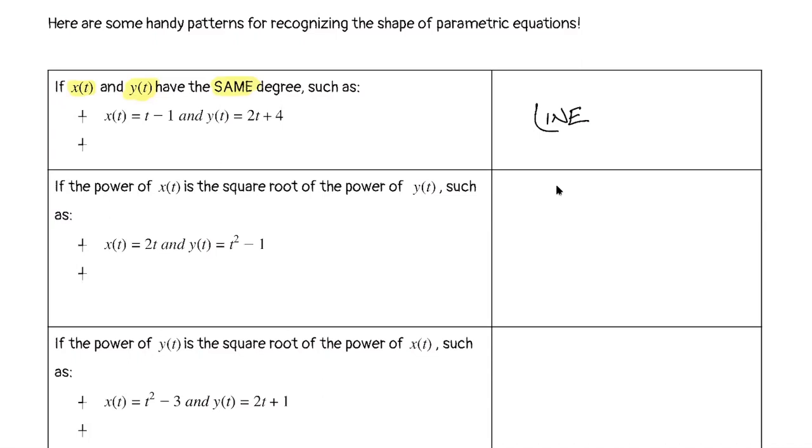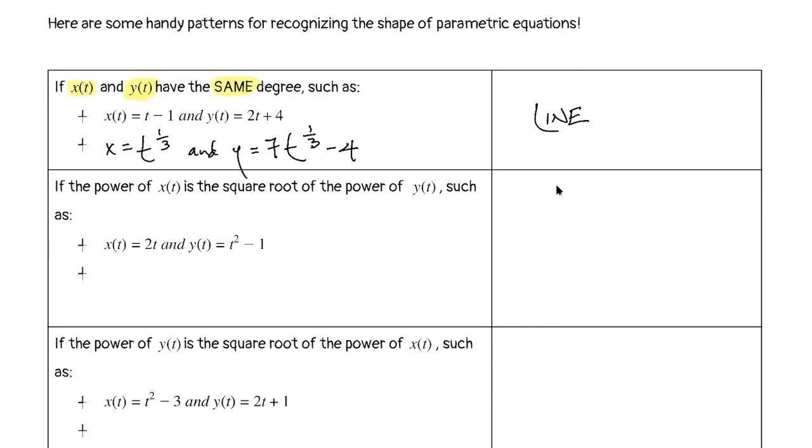Now, that also means you could have something like this: x equals t to the 1/3 and y equals 7t to the 1/3 minus 4. The degrees of t are the same in the x and the y. So even though this one looks more complicated, you're going to end up with a line, okay?